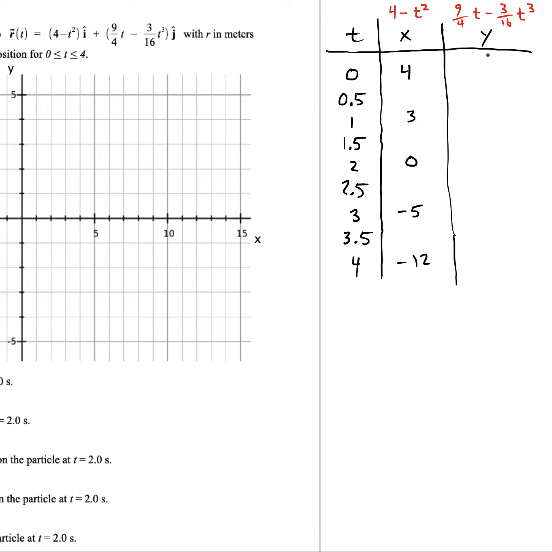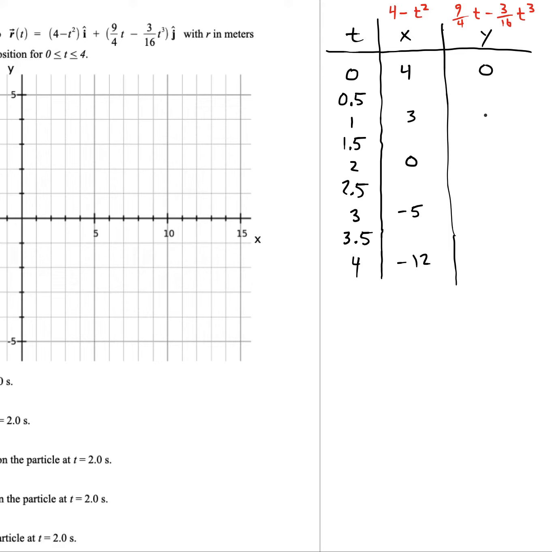Now plug those same times into the y component. You'll get 9/4 times 0. That's just going to be 0. Then you get 9/4 minus 3/16, which is 33/16, approximately 2.